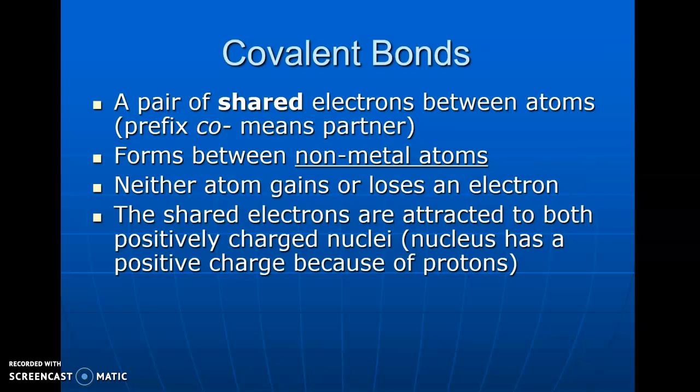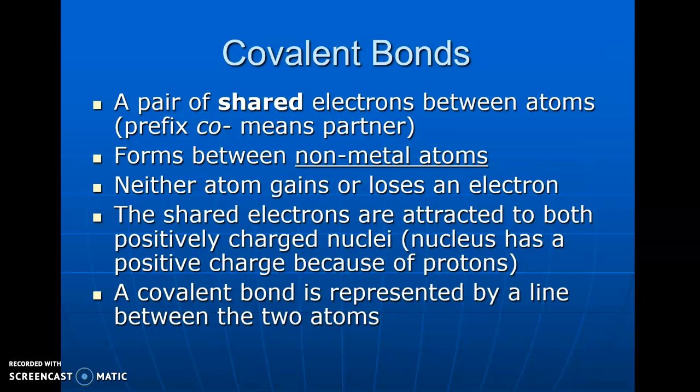They can instead allow their electrons to be shared between the nucleus of both atoms. And there's that attraction, because remember that the nucleus has protons in it and has a positive charge. So these shared electrons are actually attracted to both nuclei.